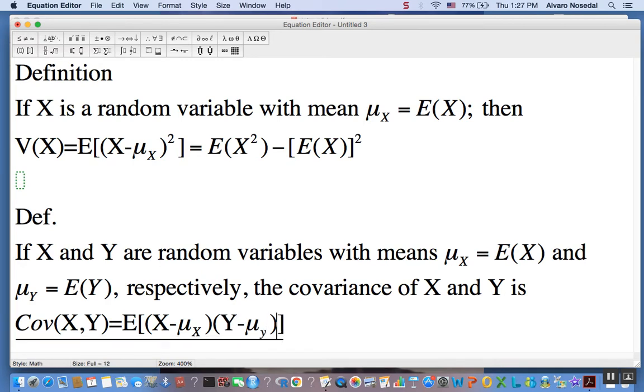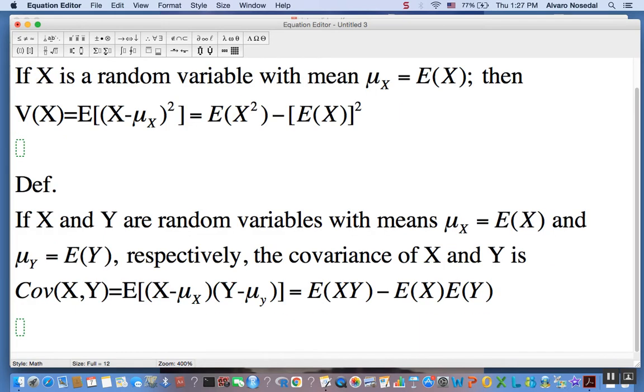And then just as we have an alternative expression for the variance, we have an alternative expression for the covariance, and it's very similar to the one we have above.